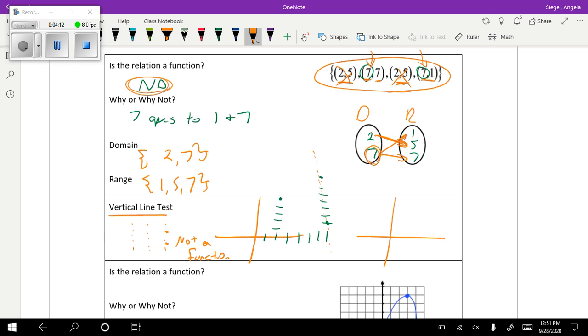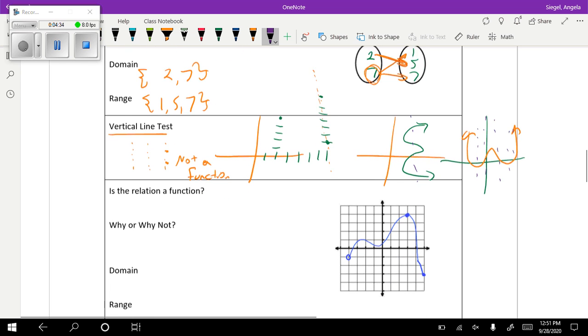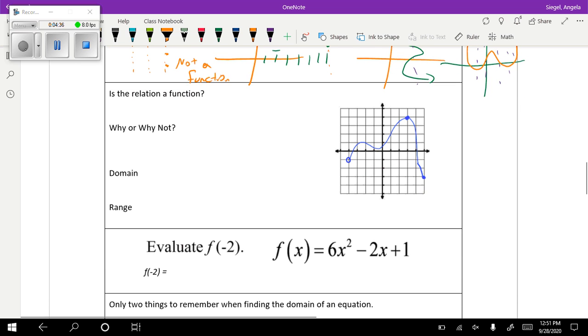So a case such as this is not a function, whereas this would be a function, because if I drew a vertical line at any point, it passes just one place, whereas here it does not. Okay, so we're going to apply that thought to this graph, so go ahead and answer that.